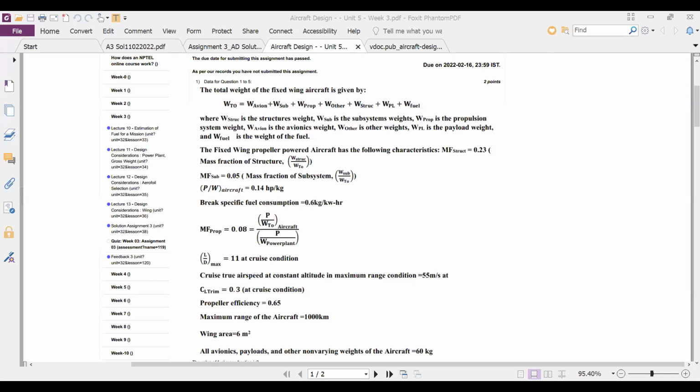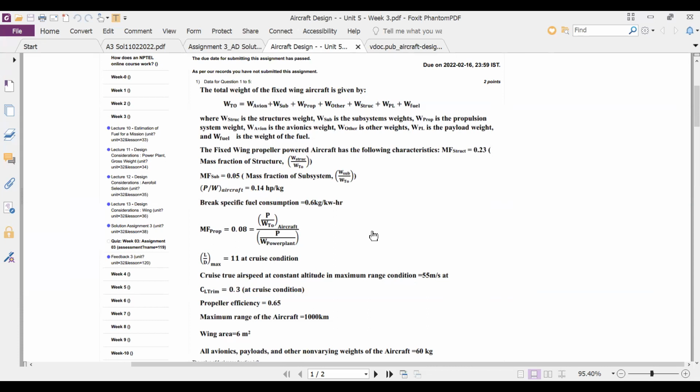Okay, so here is some hint for you. I don't know if someone is feeling lost. One hint is that you can use the Breguet range formula. That range formula has a ratio of initial and final weight, before takeoff and after landing.